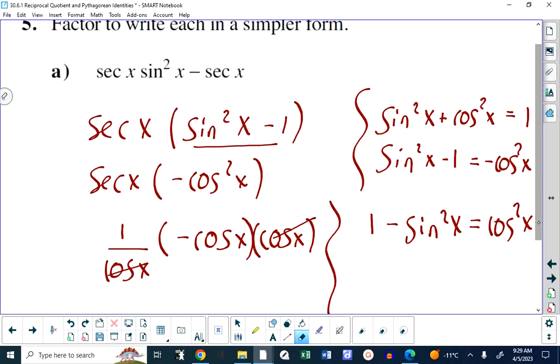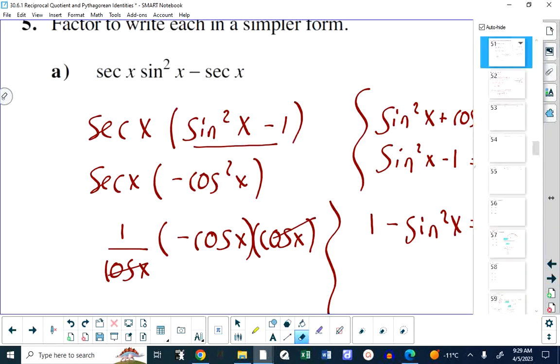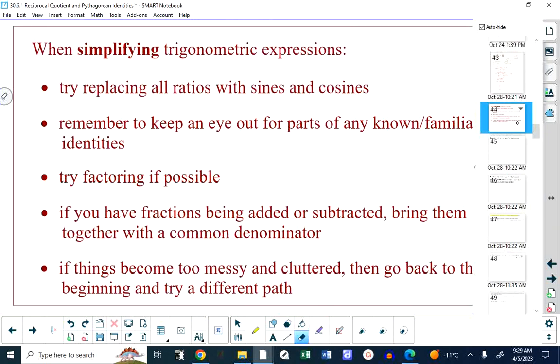You have to bring them together with a common denominator. And finally, ultimately, if you've done everything you can and things are just not going your way, just reevaluate. Just go back to the beginning and say, is there something that I could have done differently?